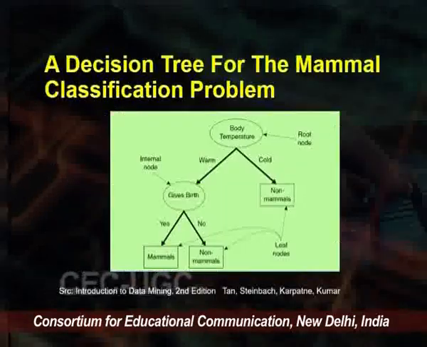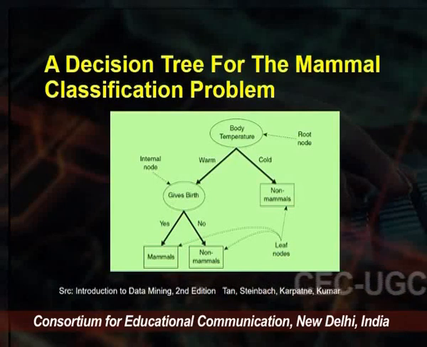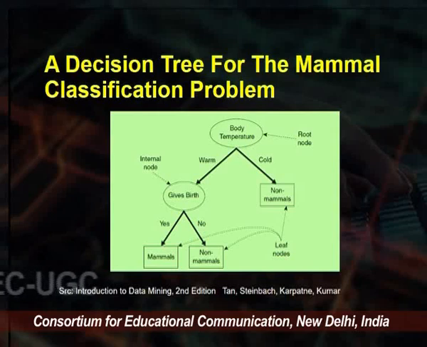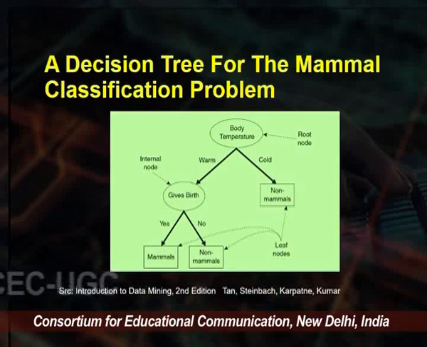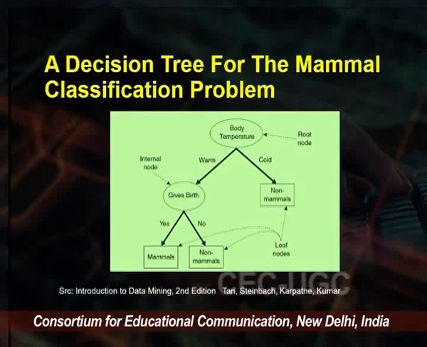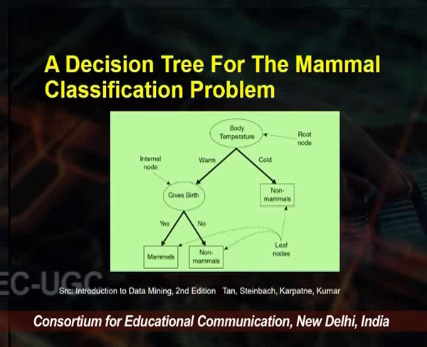Now for example, if we take this decision tree for the mammal classification problem. Okay, so the first question that we ask is about the body temperature, right? Whether it is warm blooded or it is cold blooded, right? So if we have an instance in which we want to know whether the animal belongs to a mammal class or it does not belong to mammal class, then the first attribute or the first question which is asked is about the body temperature.